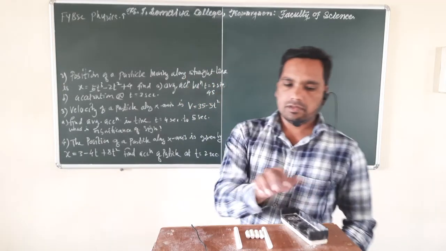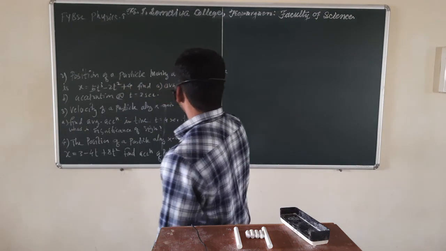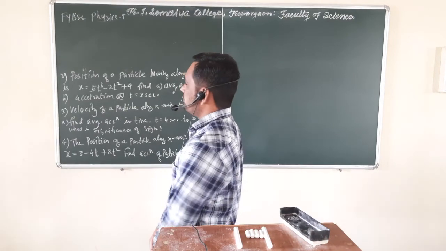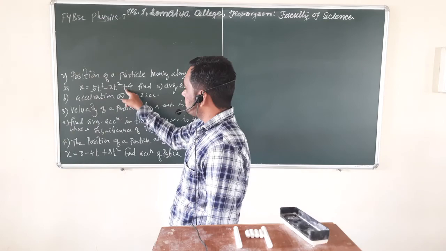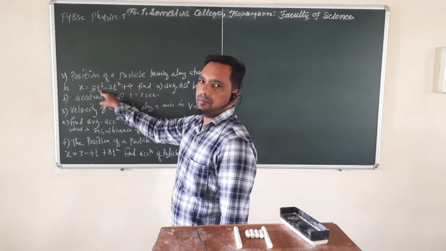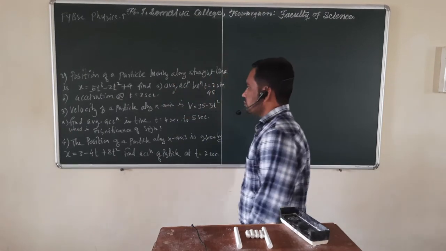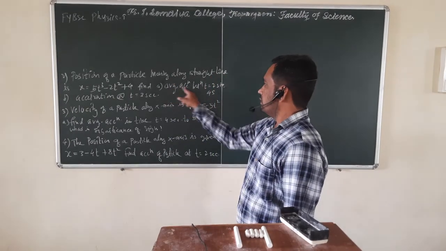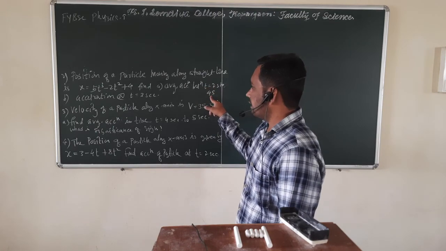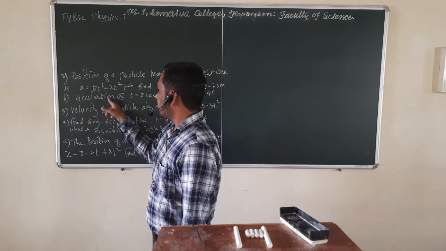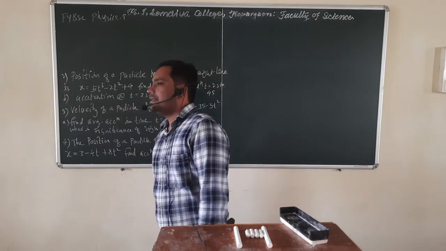The second problem is: the position of a particle moving along a straight line is given by the equation x is equal to 5t cube minus 2t square plus 4, where again time t is in seconds. We have to first of all find the average acceleration between time t equal to 2 seconds and time t equal to 4 seconds, and in the second part, the instantaneous acceleration at time t equal to 3 seconds.